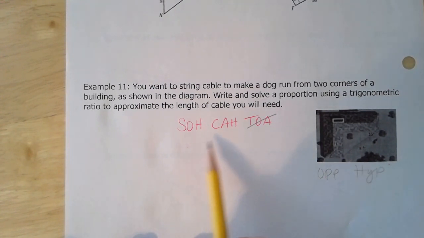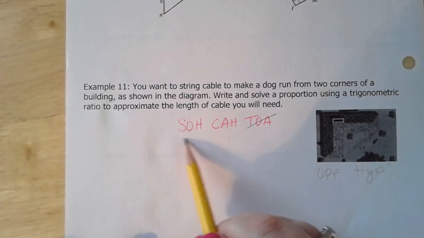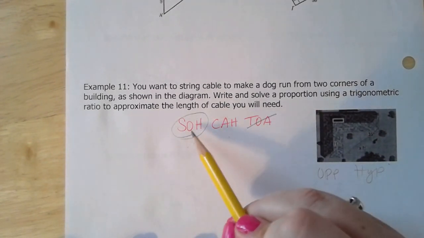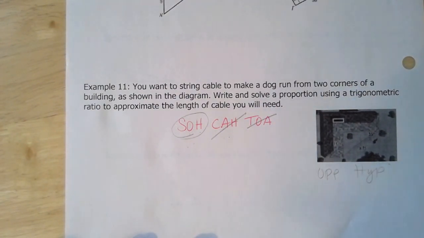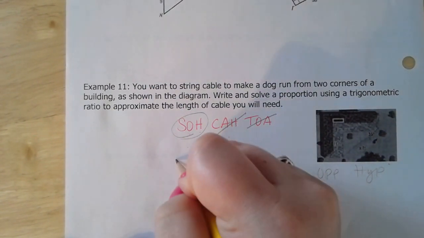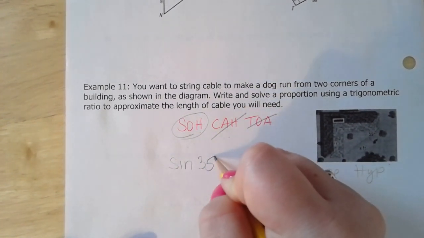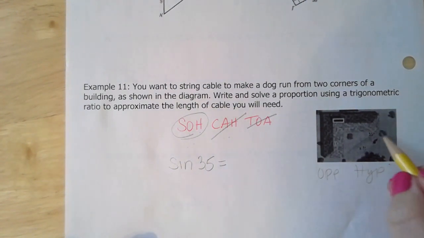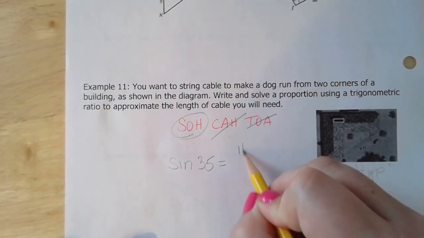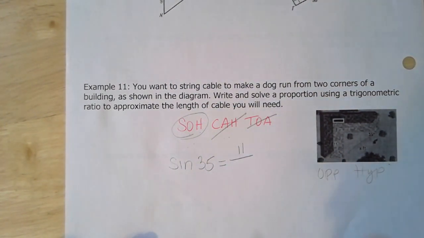You have to figure out which one of these is opposite and hypotenuse. Well, opposite, hypotenuse. So cosine is out. So I'm going to be using sine. This is a process of elimination of figuring out which one to use. So we're going to use sine of 35 degrees will equal my opposite, 11, over my hypotenuse, which is x.